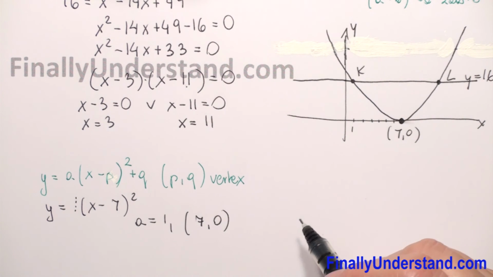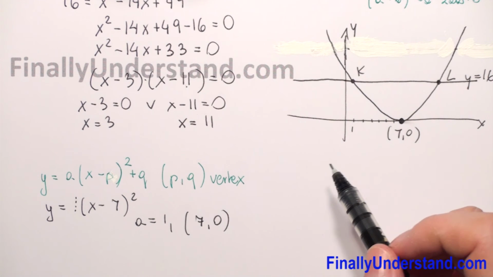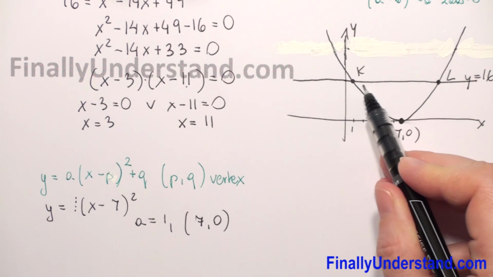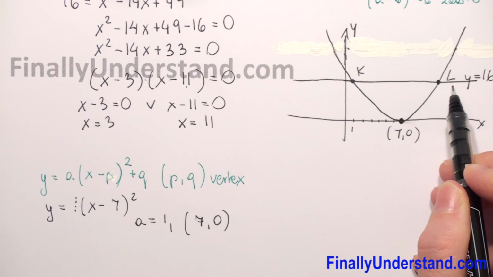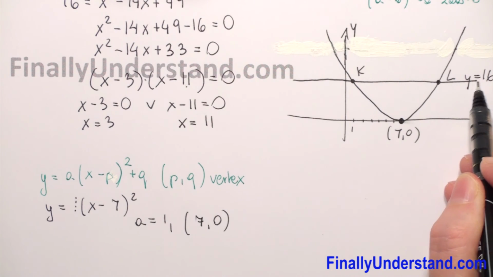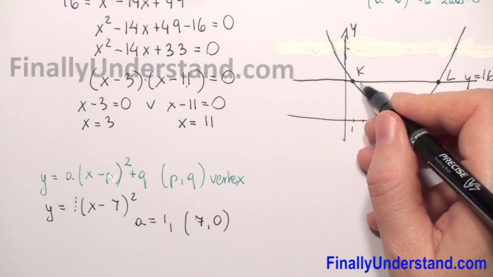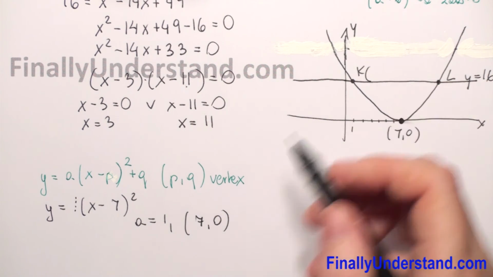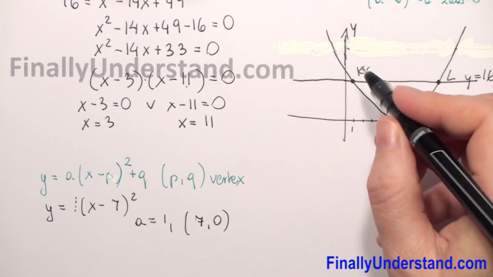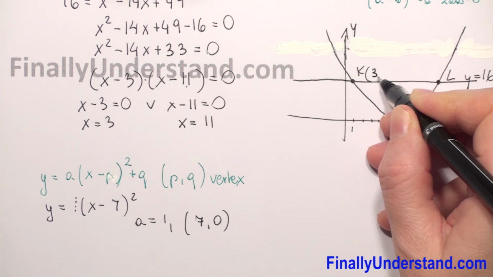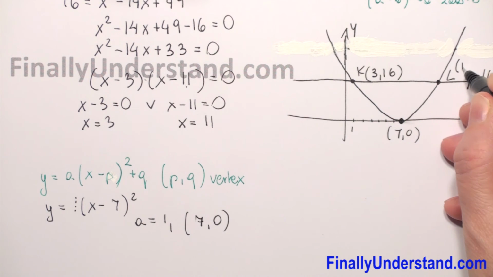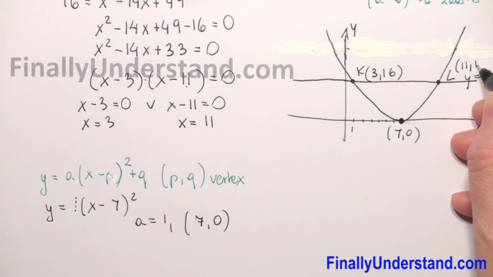So how do we do this? We find the coordinates of these 2 points. Like I said, the y coordinate is 16 because y is equal to 16. So what else? We found that x is 3 and 11. So the first point is 3, 16, and the second point is 11, 16.